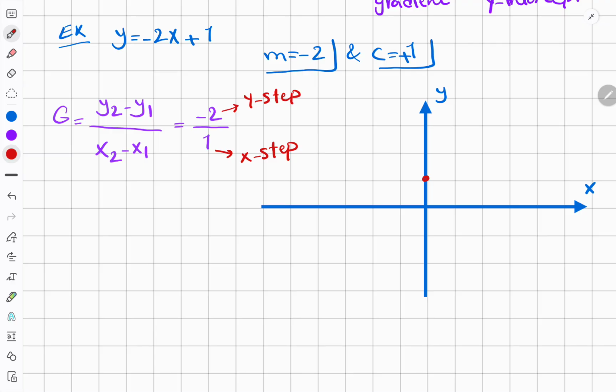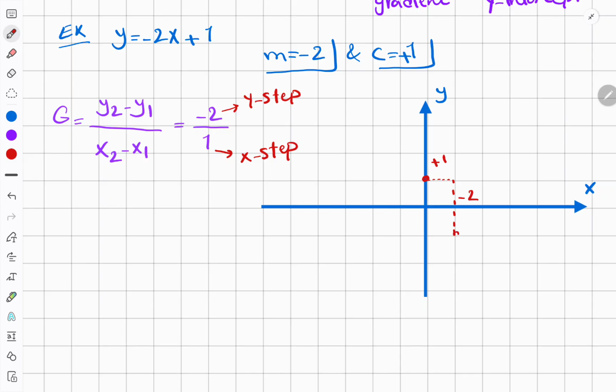or this point can show the place that the line cuts the y-axis. So you can start from this point, positive 1, and then x step is positive 1, so I'm gonna move 1 unit to the right. And then y step is negative 2, so we should go down 2 units.